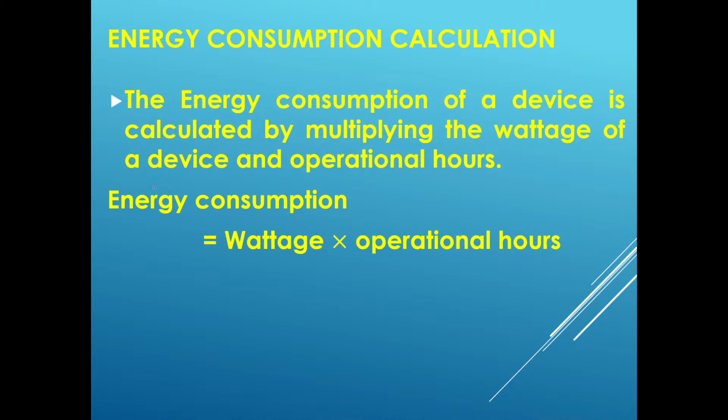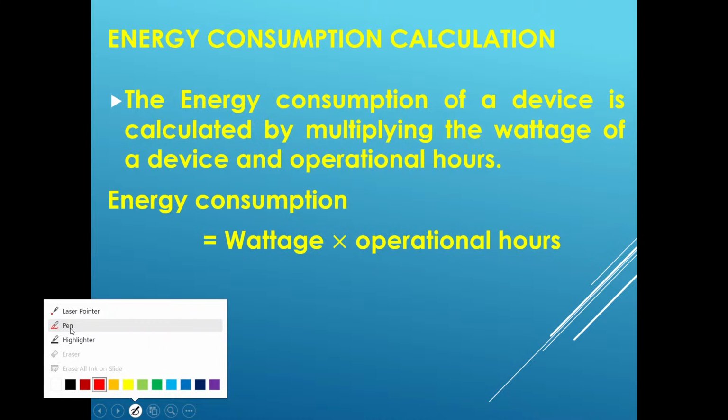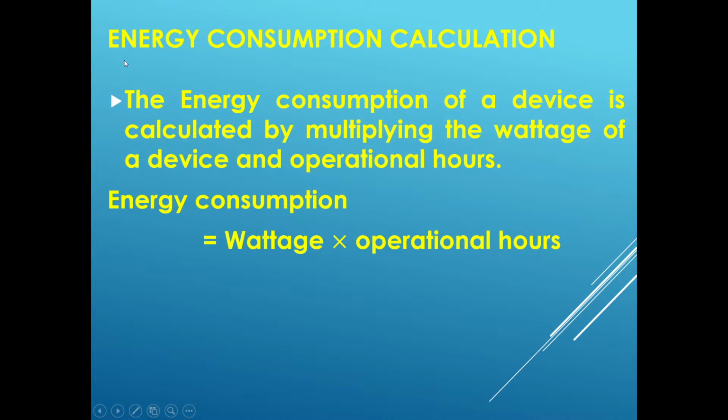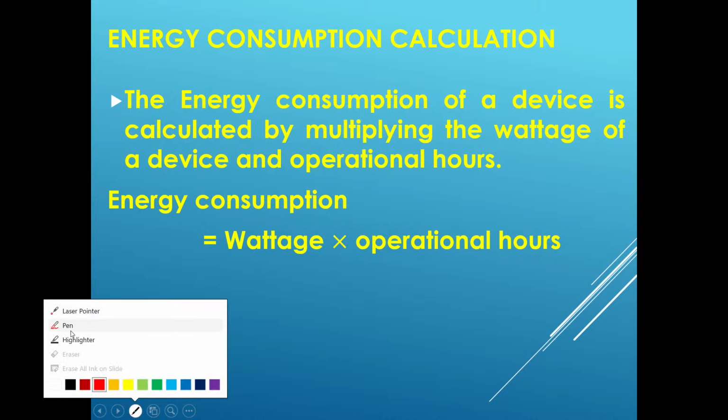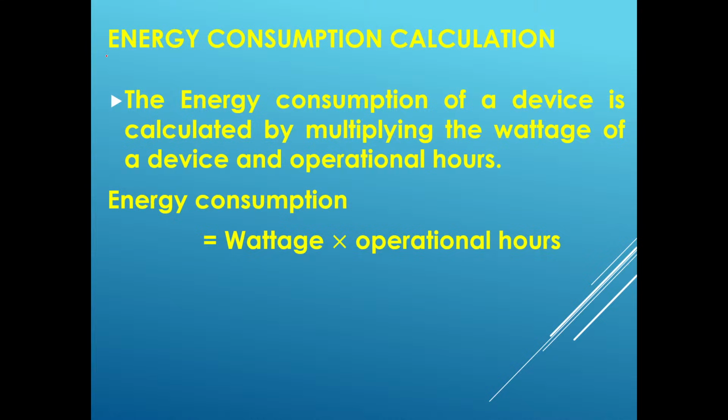Now let us see energy consumption calculation: how to calculate the electrical energy that is consumed in our houses. Of course, we'll discuss the houses later. The electrical energy consumption of any device is calculated by multiplying the wattage.